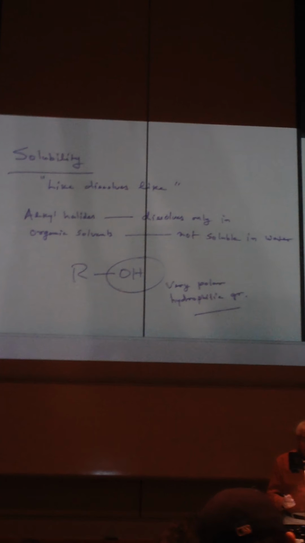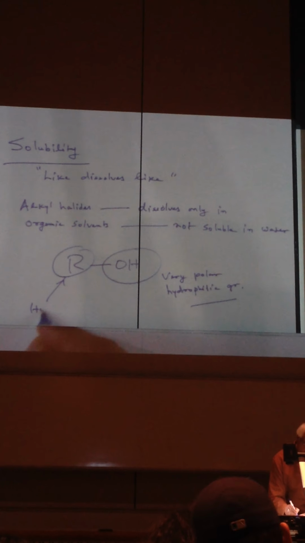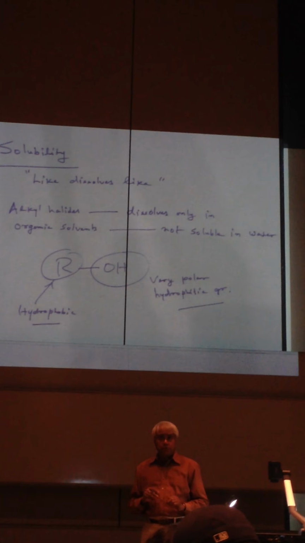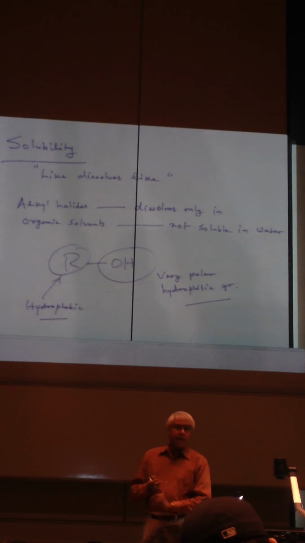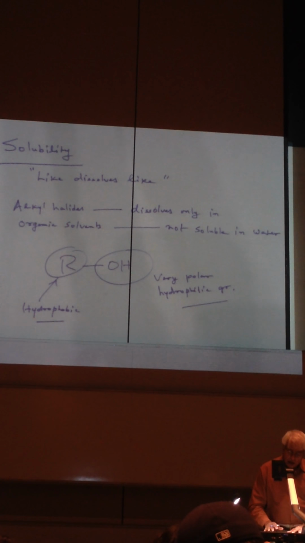And the alkyl group, which is R, is hydrophobic. And as a result, when the alkyl groups are small, they can be dissolved in water. So we know methanol, ethanol, isopropanol are all miscible in water.